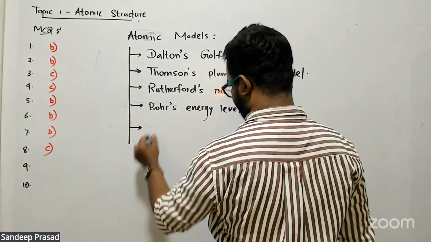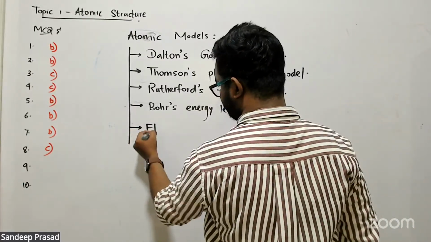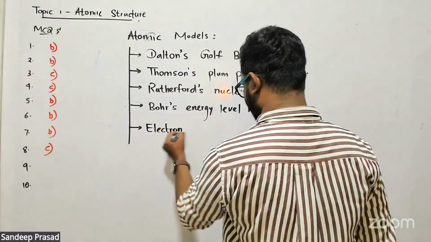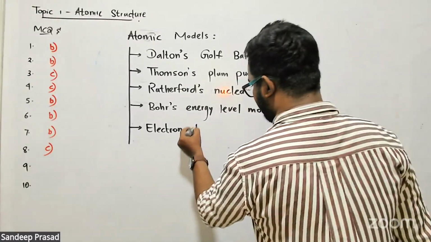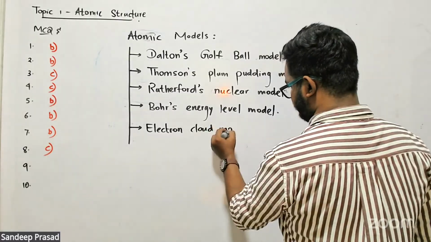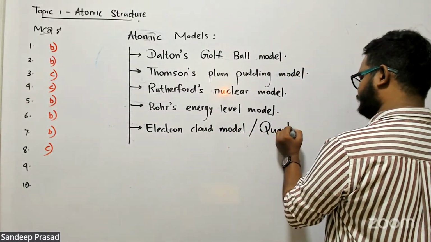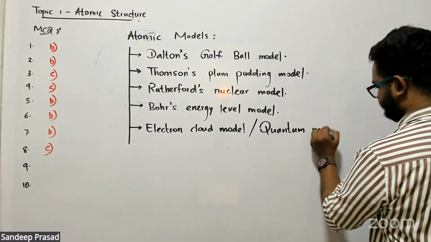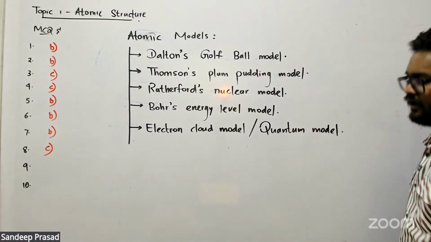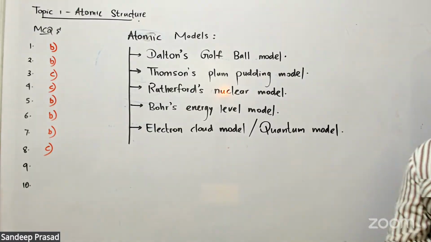The final one, in the modern world, we are using the electron cloud model, or else this is known as the quantum model. Understood? These are the atomic models that we are discussing.